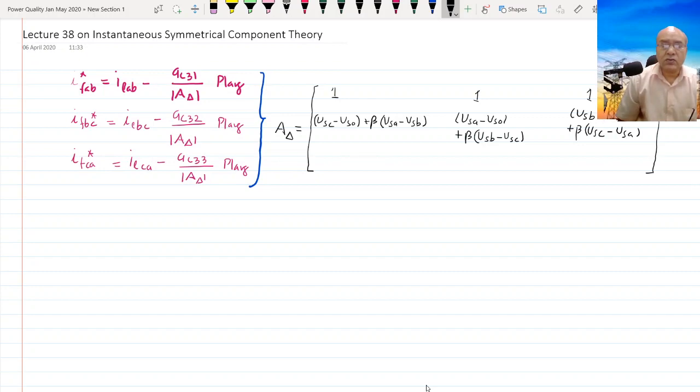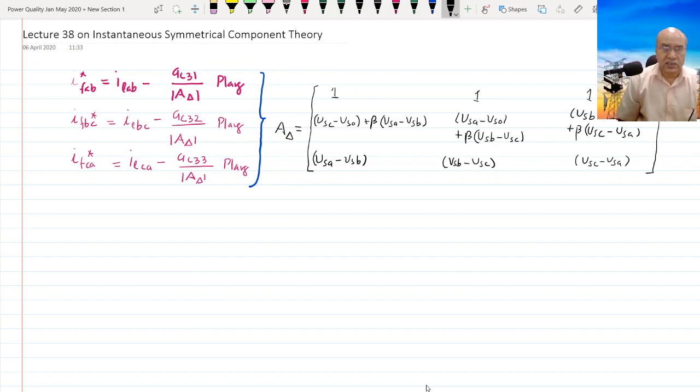Okay, and the third row corresponds to the power. The multiplication of ISA into VSA and so on is equal to PL average, which transforms to this equation: VSA minus VSB, VSB minus VSC, and VSC minus VSA. This into, of course, the current matrix, equal to this power column matrix on this side.